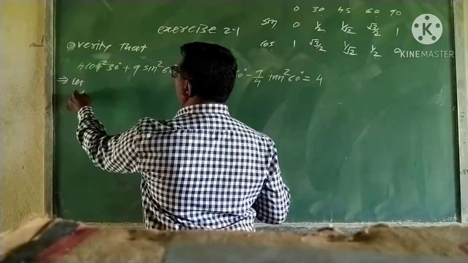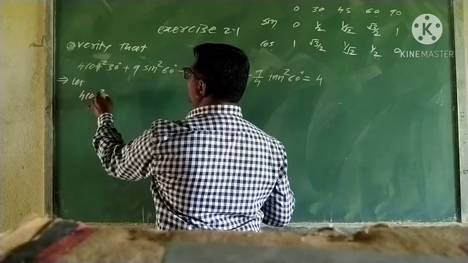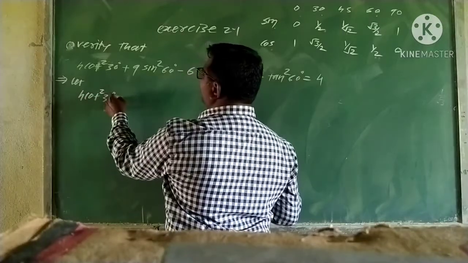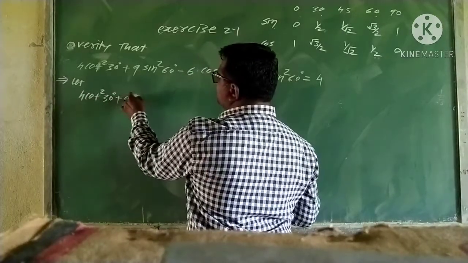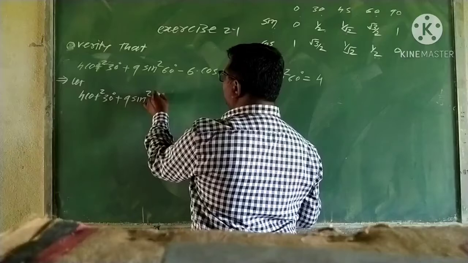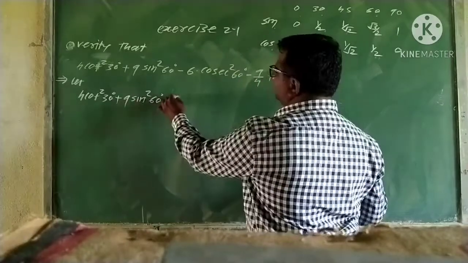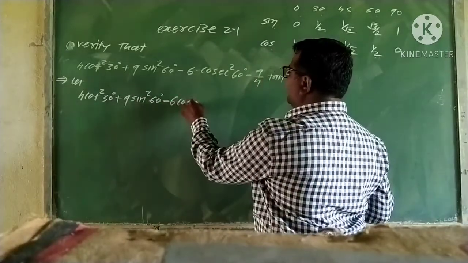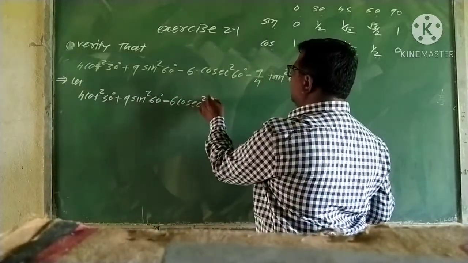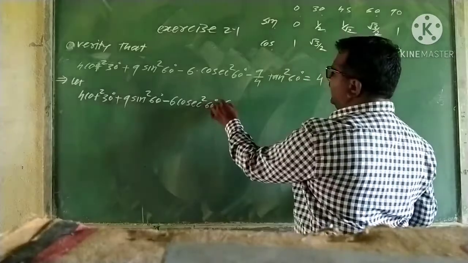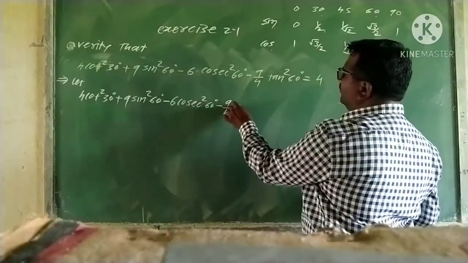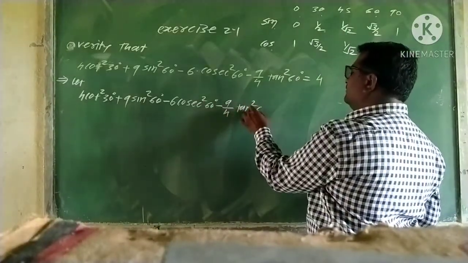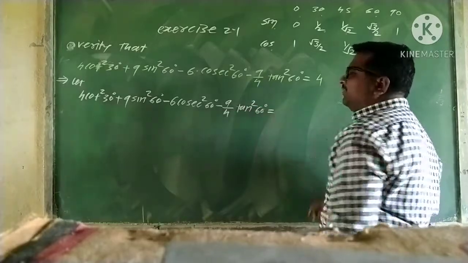Let 4 cot square of 30 degree plus 9 sin square of 60 degree minus 6 cosec square of 60 degree minus 9 divided by 4 tan square of 60 degree equal to.